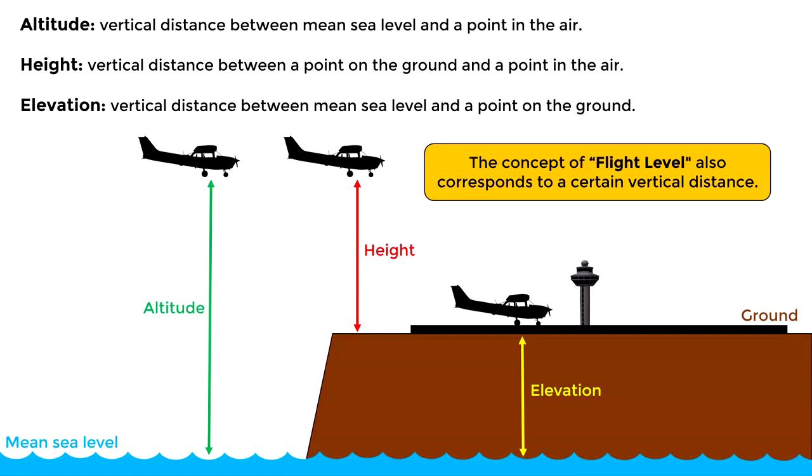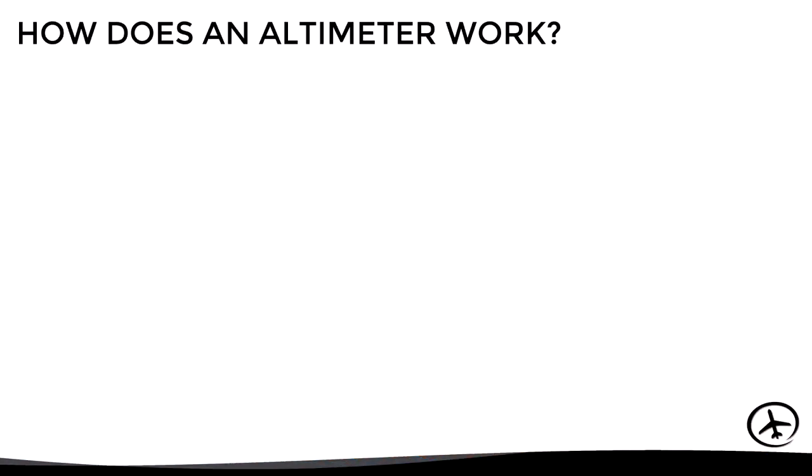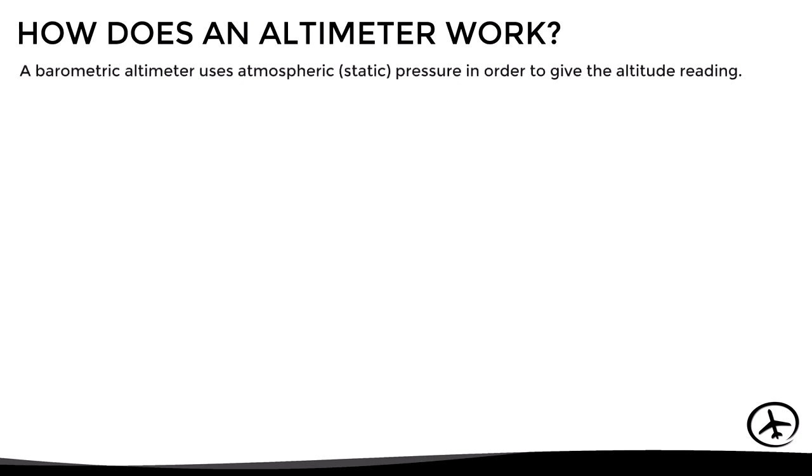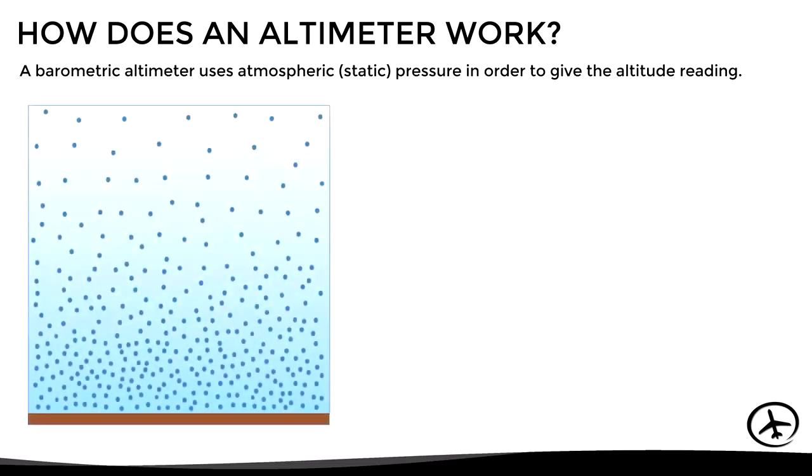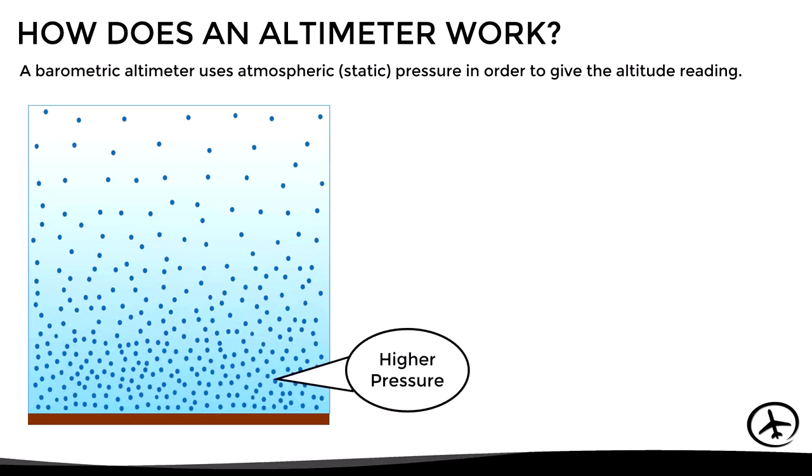With this being said, let's now focus on how a barometric altimeter actually works. As previously mentioned, this type of altimeter uses static pressure, or in other words, atmospheric pressure to determine altitude. It takes advantage of the fact that the static pressure decreases with altitude. Therefore, if we measure the pressure at low altitudes, it will be higher than the pressure at higher altitudes.